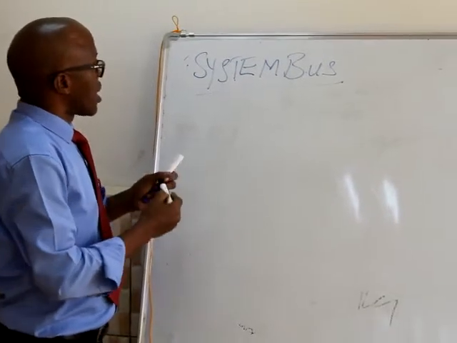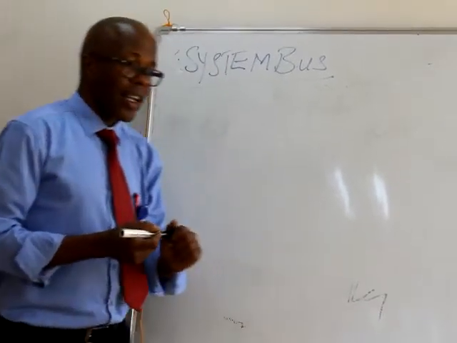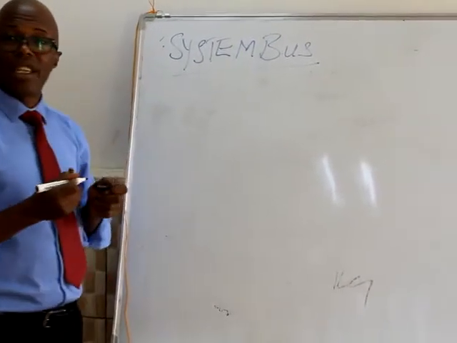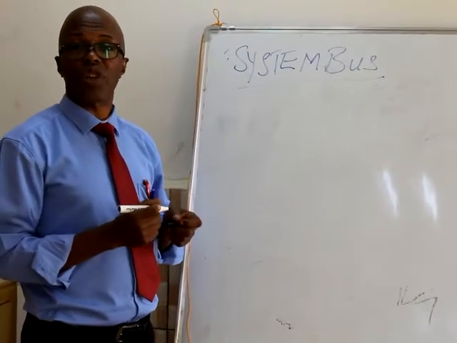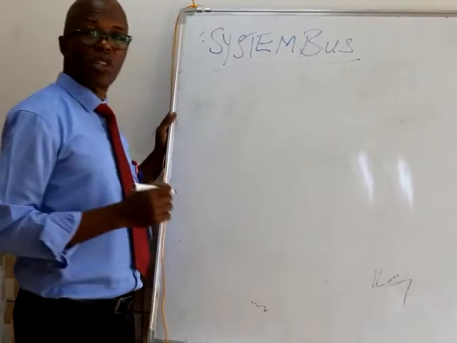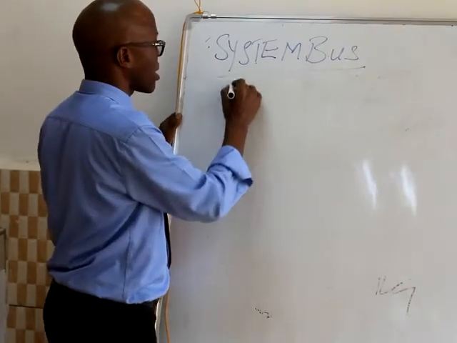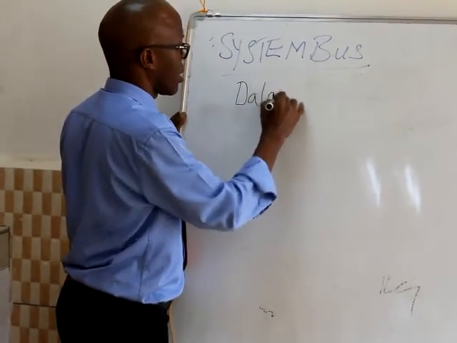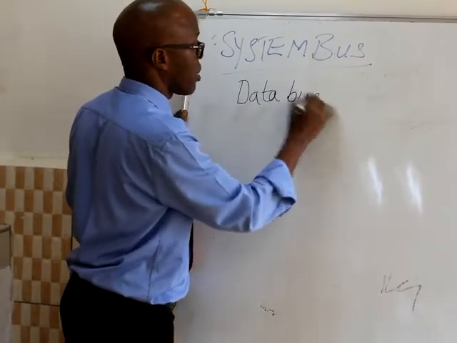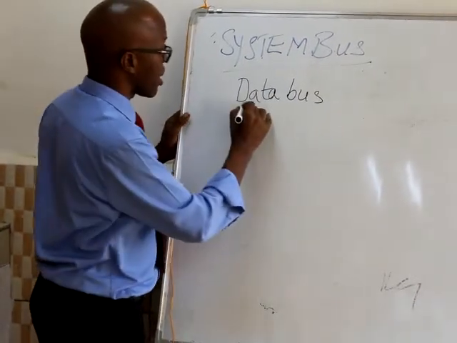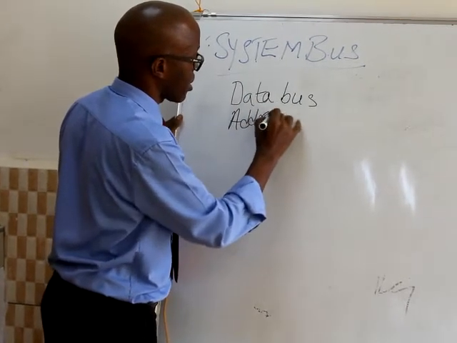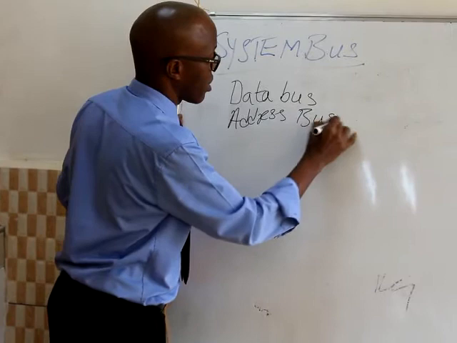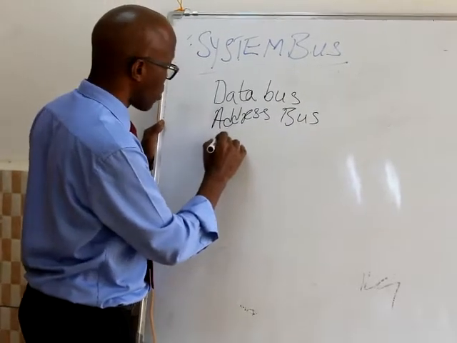And these are divided into three separate functioning groups. The three functioning groups are the data bus, then we have the address bus, and then we have the control bus.